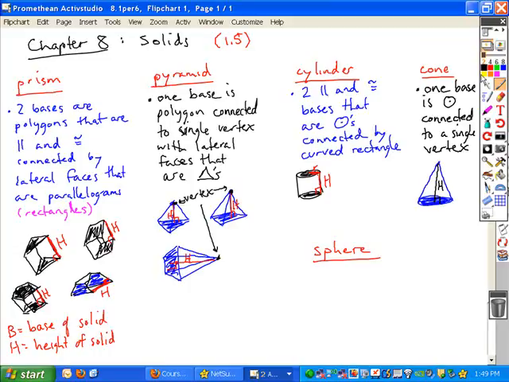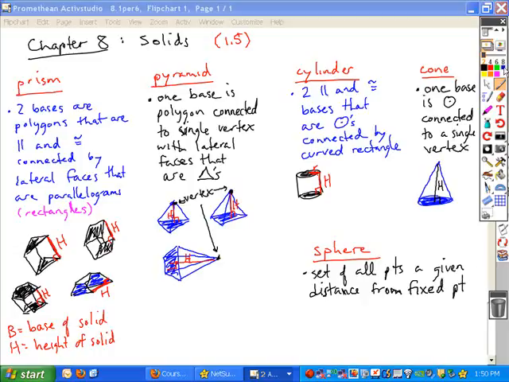The final solid that you need to be aware of is a sphere. A sphere is defined as the set of all points located a given distance from a fixed point. The given distance is called the radius.